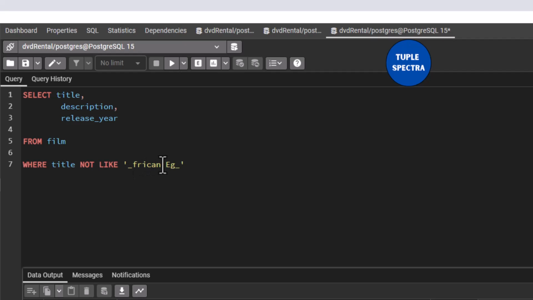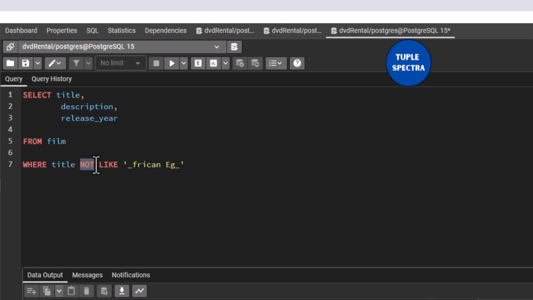Not like. So that means I am saying that return for me those rows that do not match this pattern. And you and I know that this pattern matches African egg, and it's only one row that has African egg. So if I run this, I should be able to have 999 rows, because without that condition it is 1000 rows. If we use this pattern for African egg, it is only one row.